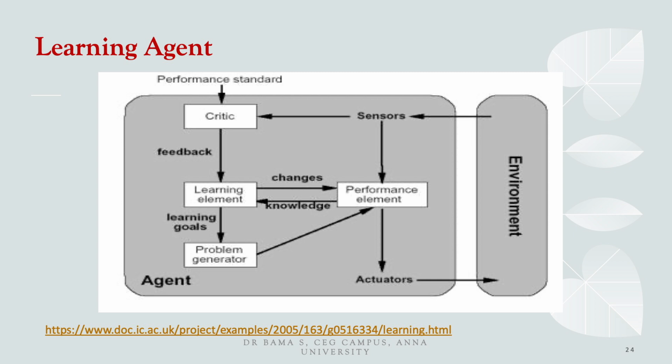Based on that feedback there is a learning element, and this mostly comes under the machine learning category. This learning element would take all that and learn, again measure the performance, and with the performance it gives back the knowledge to the learning element in order to learn by itself, and it sends the actions through actuators down to the environment.